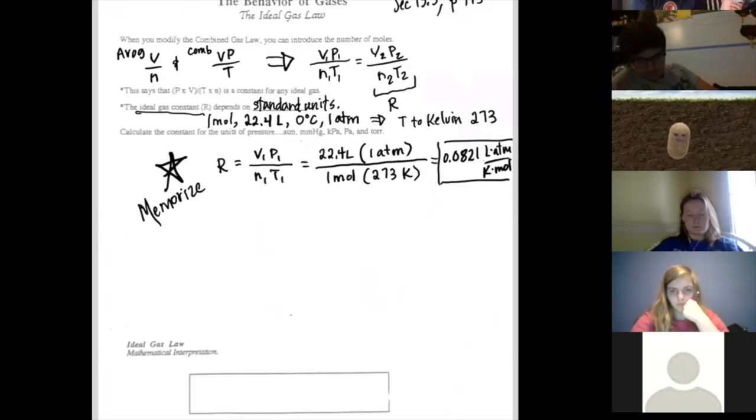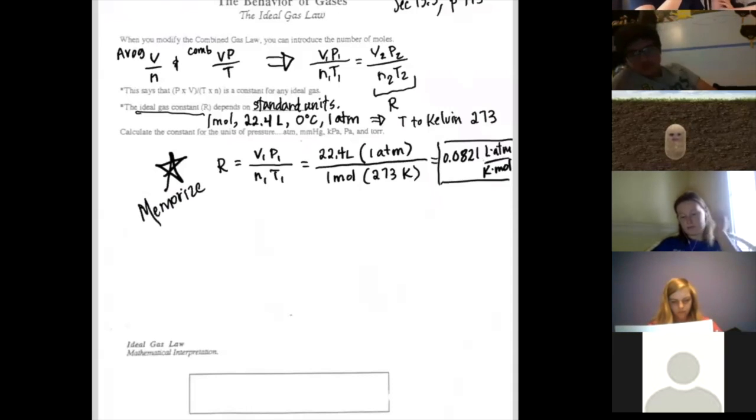Now I'm going to do one more because you need to understand that I can change my R value based on pressure units. But to simplify our lives, we're just going to use atmospheres always for pressure, and then you don't have to worry about what R value to use.